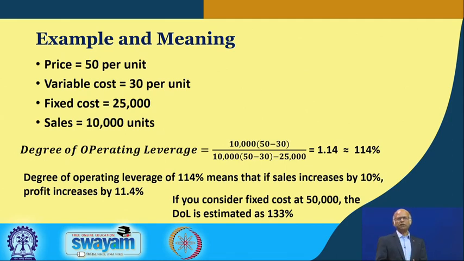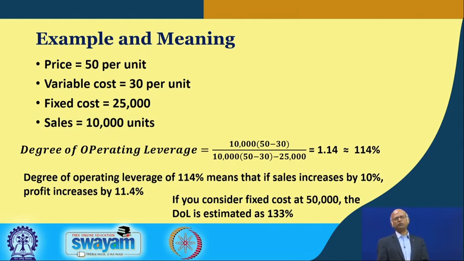So, here is an example of the degree of operating leverage. Say you have all this data. You estimate, the formula is contribution divided by operating profit. Contribution is nothing but the total number of units that you produce multiplied by the unit contribution, that is price minus variable cost, divided by operating profit, which is contribution minus fixed cost, meaning total sales minus total cost.